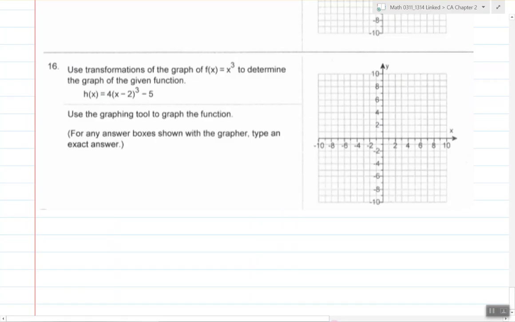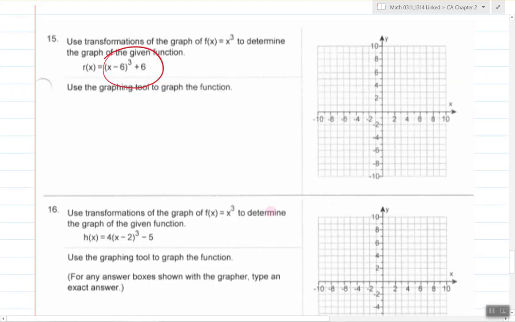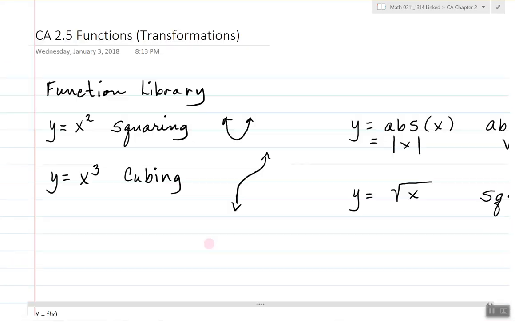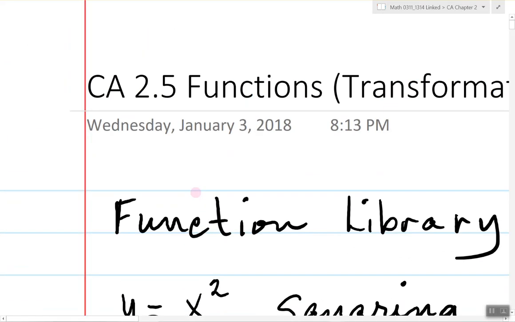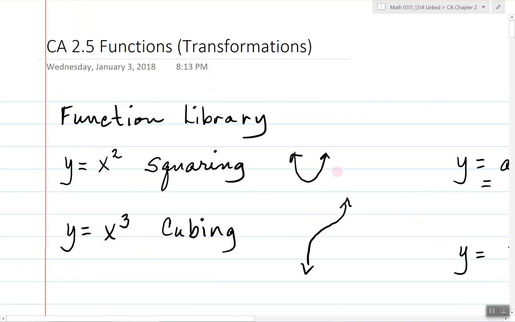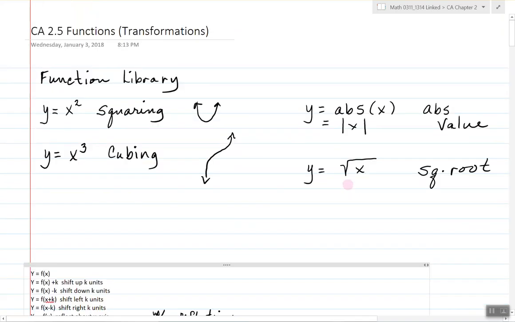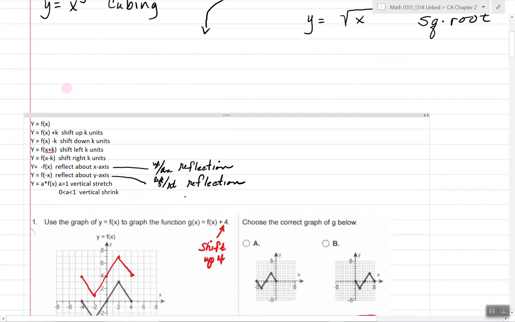So we did that one, and I believe that is our last question on transformations. So with transformations, I'm going all the way to the top. Here we go. And I started with a library of functions, and we saw maybe all of those. These two were called reflections.